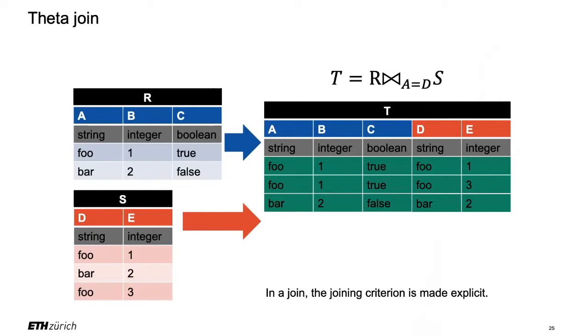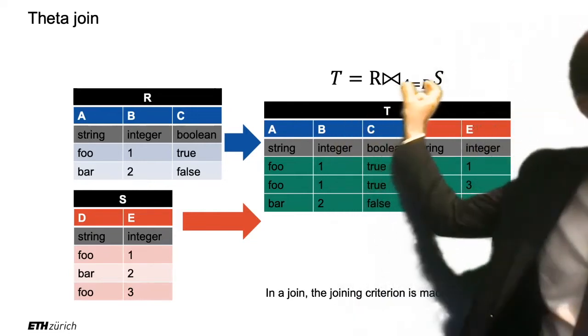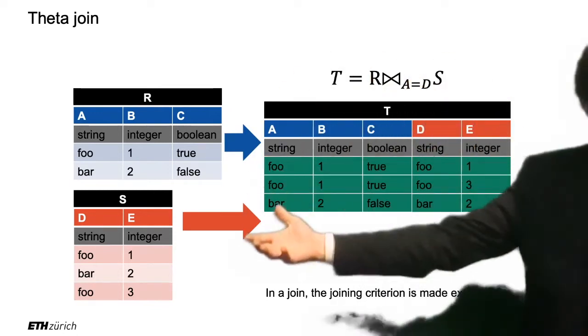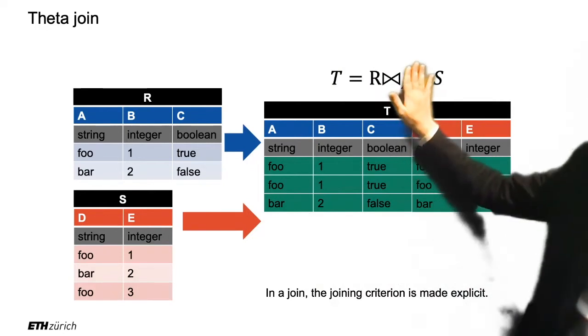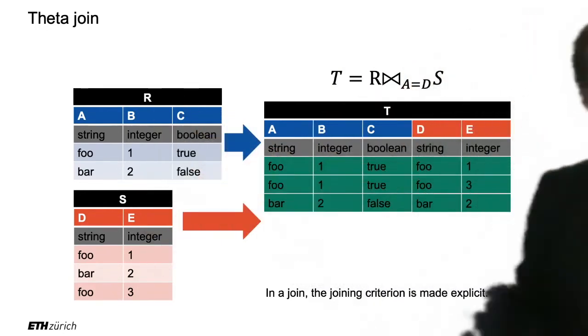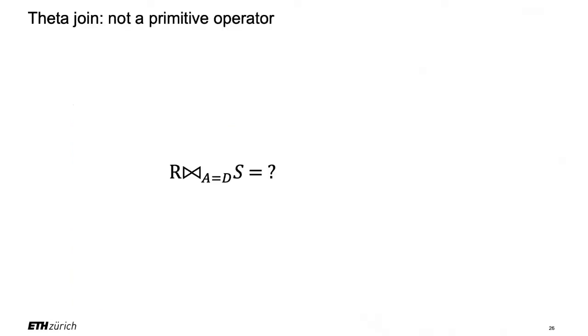So the theta join is more generic because you, as a user, have the power of putting whatever you want here in order to specify when something matches and you keep it, or when something doesn't and you don't. If there is no subscript, then it's a natural join and it will just take whatever attributes have the same names. Okay, so now that we have invented plenty of operators in the relational algebra, we can start writing some math.